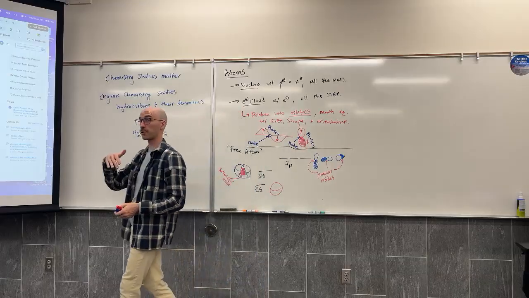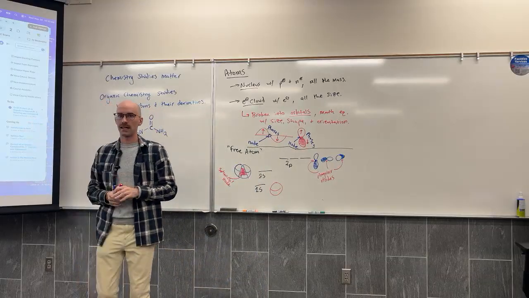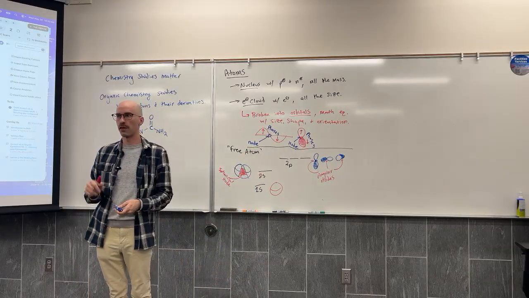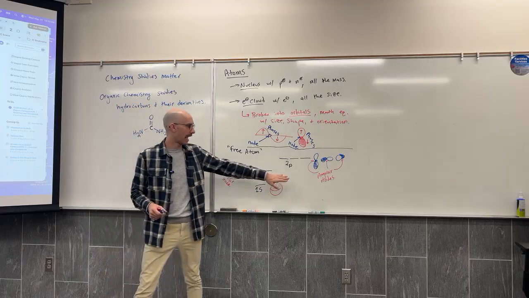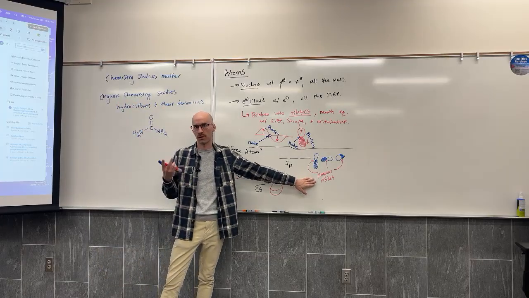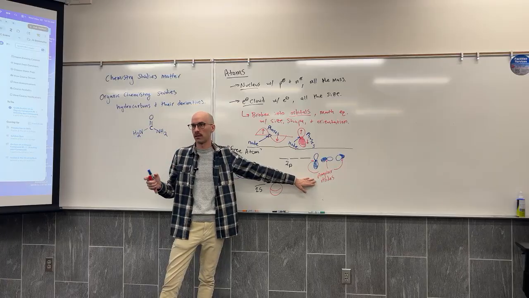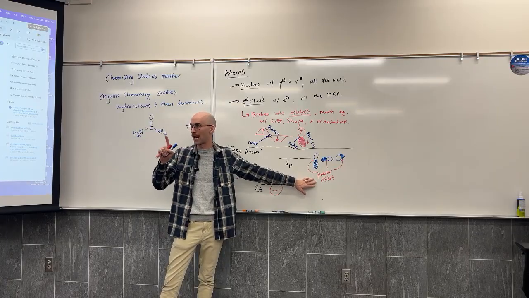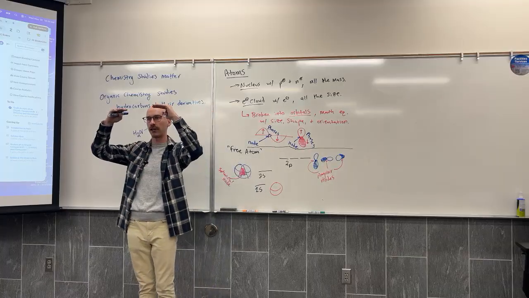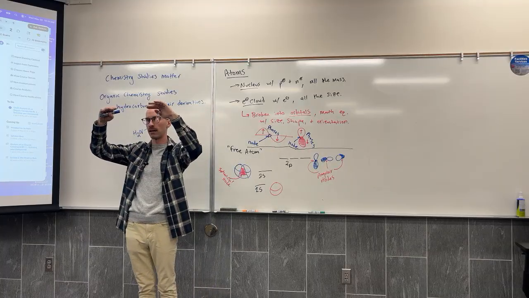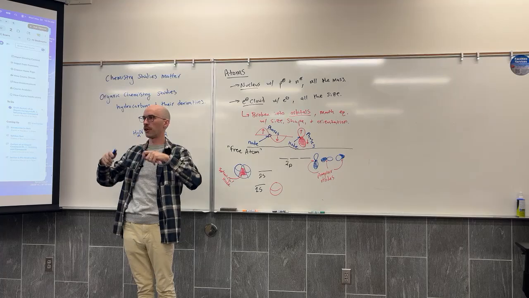As I move up to 3p, I still have one angular node. The p orbital is defined as having an angular momentum or an angular node of 1. So every p orbital has one angular node, this cut through it. But as I move up to a higher energy shell, the p orbital gets a spherical node as well.